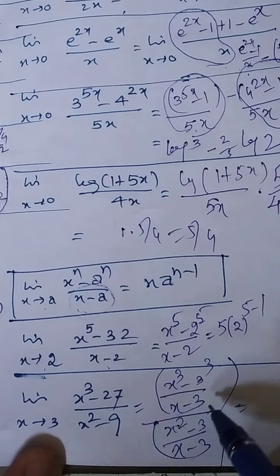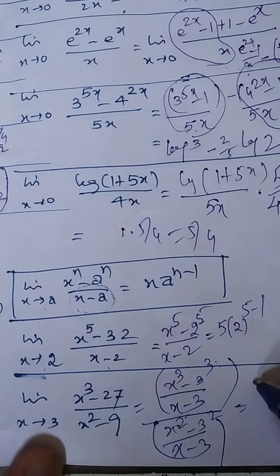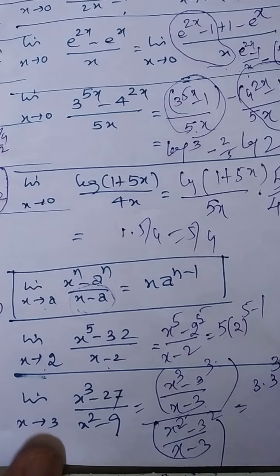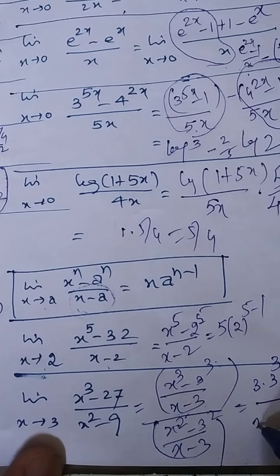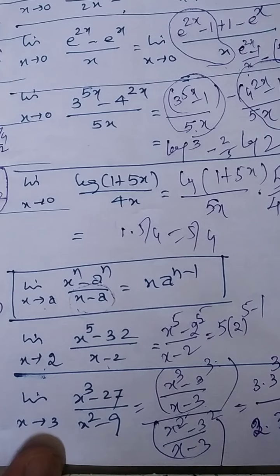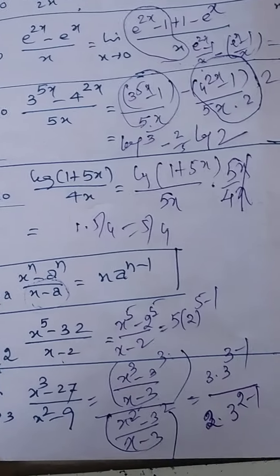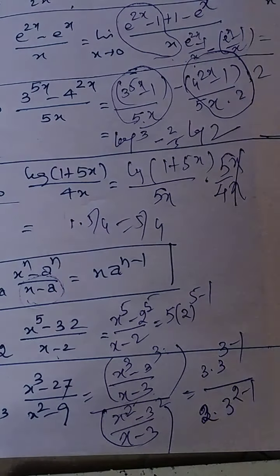A and n both are the same. So 3 into 3 raised to power 3 minus 1. But in this case, a becomes 3 but n becomes 2. So it will be 2 into 3 raised to power 2 minus 1. And you can simplify, you get the answer.